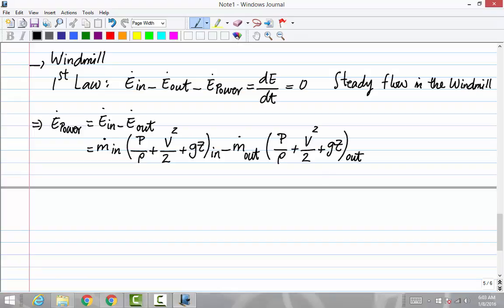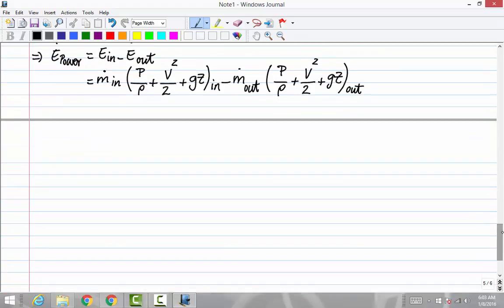At this time we need to have some assumptions that pressure is constant all the way through the windmill because it works like a fan. So in the fan, if you put your hands in front and at the back of the fan, you won't sense any significant pressure difference.